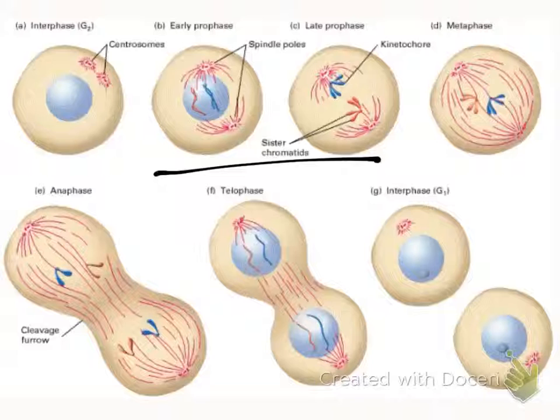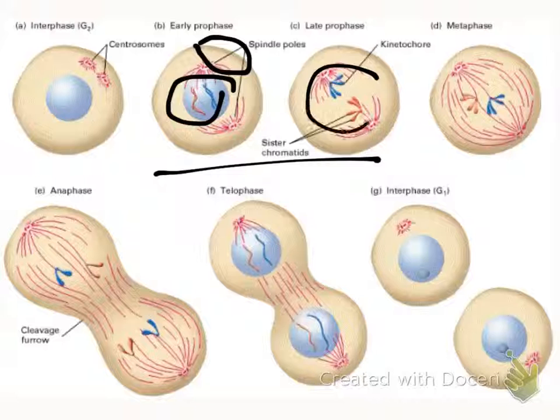Then they help organize the spindle, a structure that helps separate chromosomes, in the centrosome region. The chromosomes attach to the spindle fibers near the centromere, or at each chromatid, as the nucleus and nuclear envelope both collapse. You can tell the nuclear envelope collapsed because this blue right here, it's not here anymore.